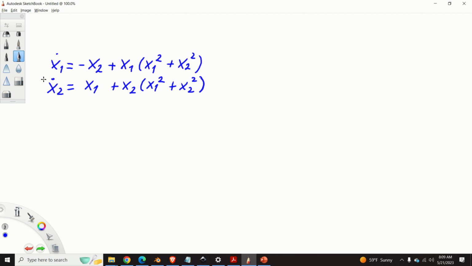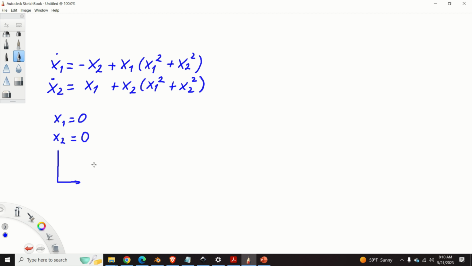We can easily show that the equilibrium point of this system is x1 equal to 0 and x2 equal to 0. I will show this in my follow-up tutorial. Next, let us linearize this nonlinear system.